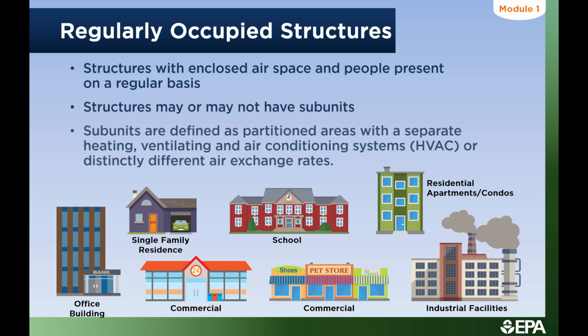A subunit is a partitioned area within a regularly occupied structure that has its own air exchange or HVAC system. For example, individual apartments in an apartment building are generally considered subunits since they have individual air exchange systems. The other modules will include details on how to evaluate regularly occupied structures and subunits in an SSI component evaluation.